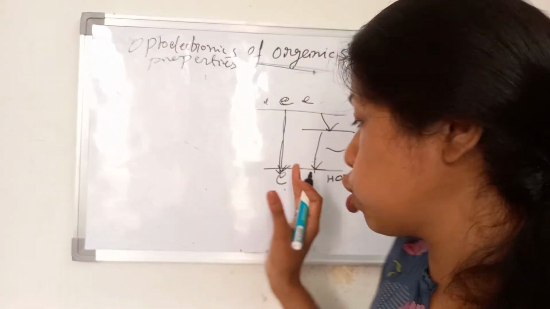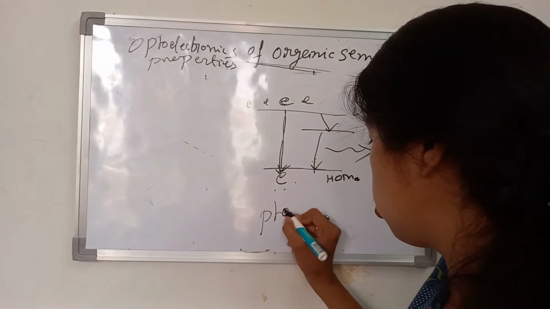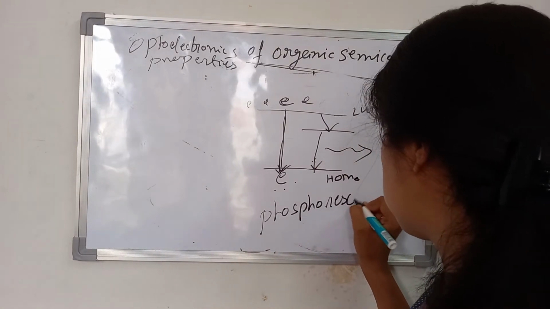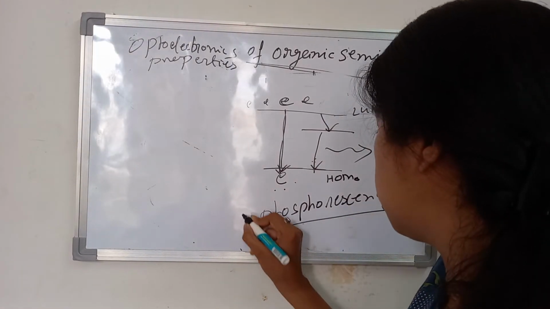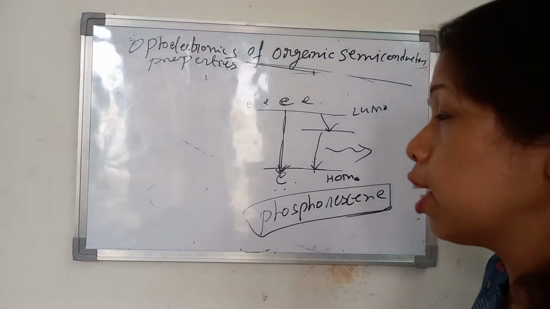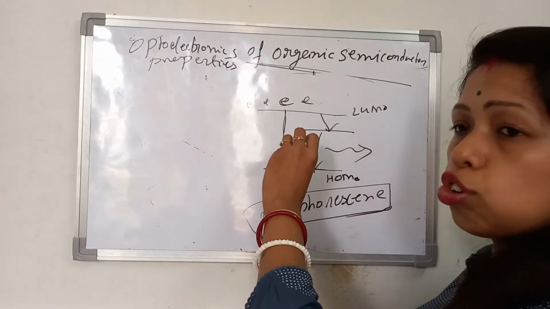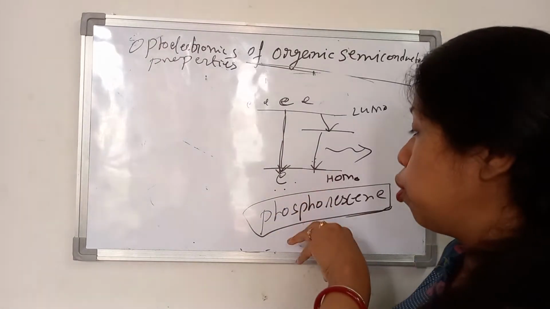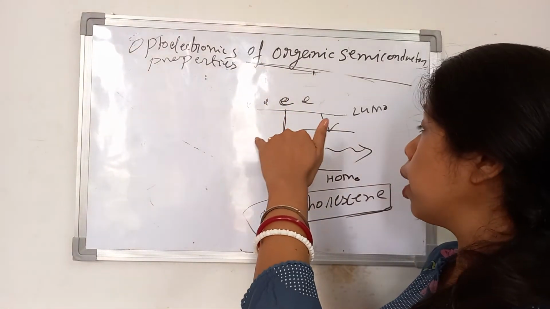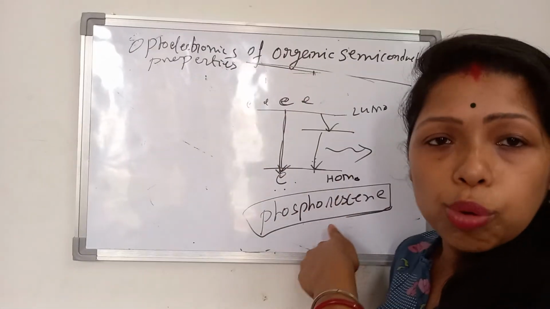This process is called the phosphorescence process. This phosphorescence process is related to the triplet exciton. The electron will not fall directly from the LUMO level, but from another level to the HOMO level.